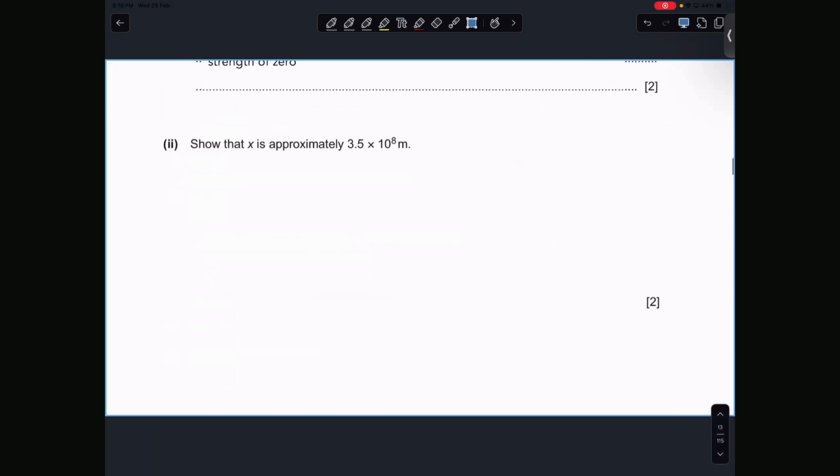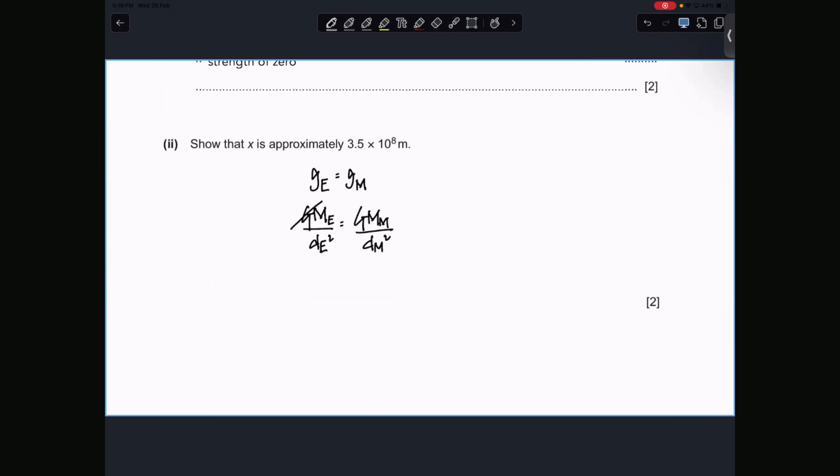Yeah, now what do you do here? So gravitational field strength of Earth should be equal to what? Gravitational field strength of Moon. That was a shortcut that I derived, remember? The ratio of the distances is actually the ratio of the roots of their masses. You can use that if you want, but it's not necessary. It's GM of Earth divided by distance of Earth squared equals GM of Moon divided by distance of Moon squared.